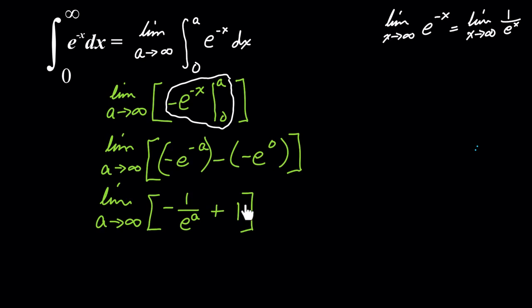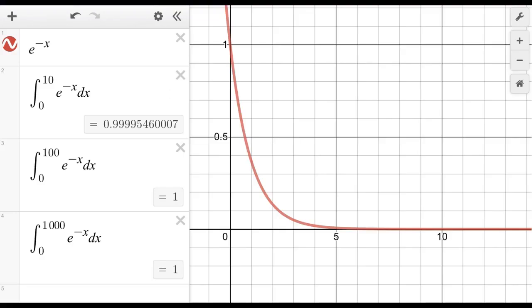And that's going to leave us with a value of 1. All right, so therefore, that is what this integral is going to approach, a value of 1. That's what the area between the curve and the x-axis is going to be approaching.